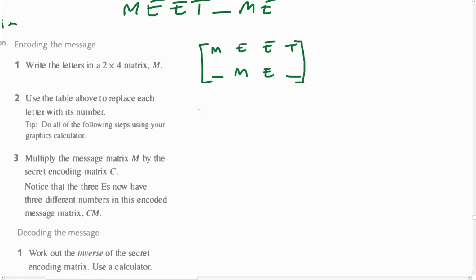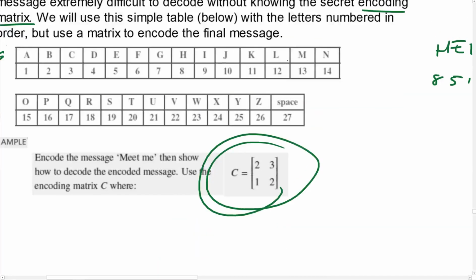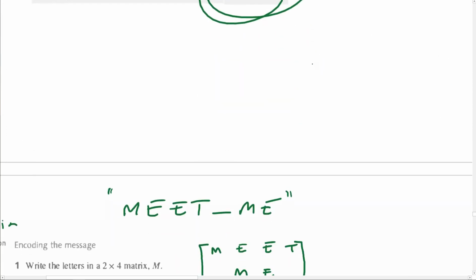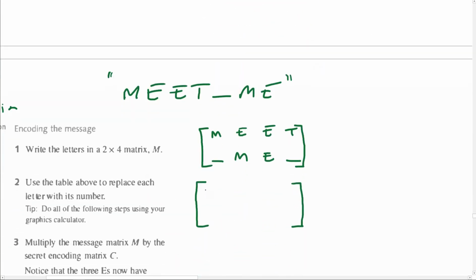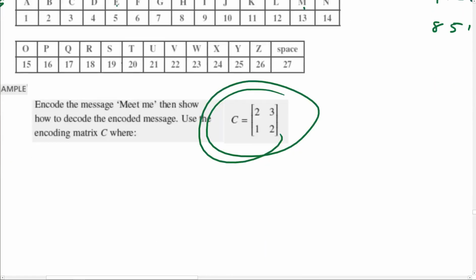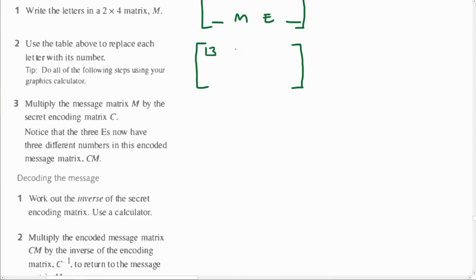The next part is to replace each letter with a number. So now we need to replace the message with numbers so we can try and encode it. M is the number 13, so M here will be 13. All the E's are 5, so let's change E to 5, 5 and 5.